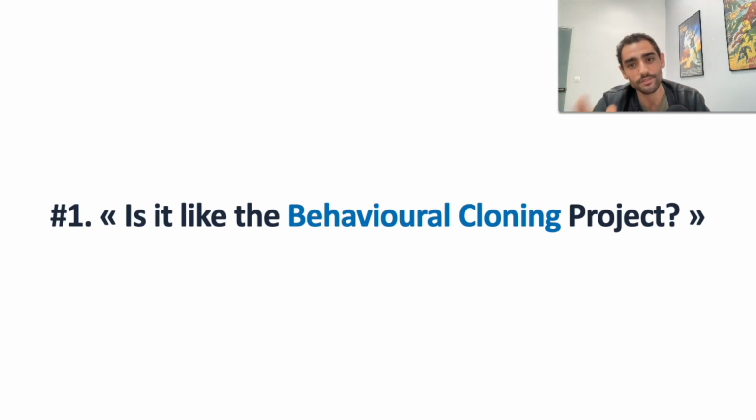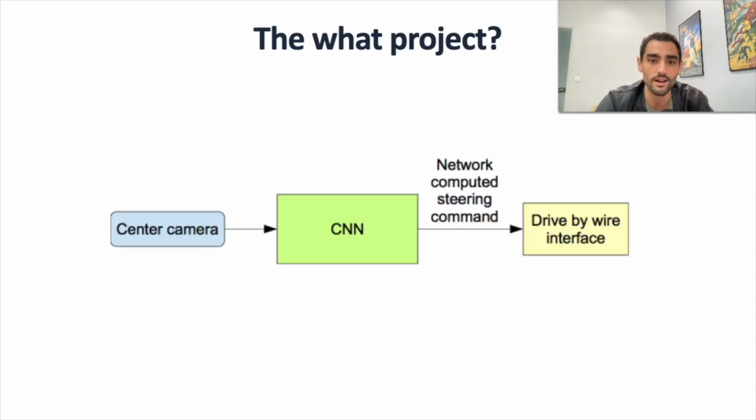Everybody interested in self-driving cars tried at some point to reproduce it, and now every small toy vehicle that is made autonomous is based on that project. That is from the NVIDIA architecture in 2017, where they took a center camera, put it into a CNN, and then plugged that into a drive-by-wire interface that generated steering wheel and acceleration.